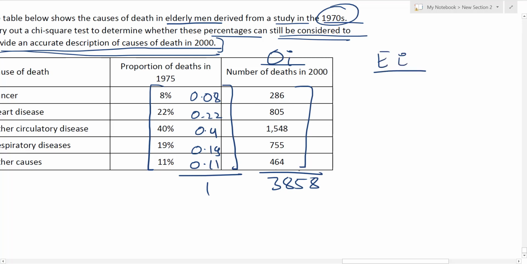How will I calculate the expected values? Out of 3858, they are expected to be distributed with these probabilities if they follow the level of the 1970s. That is what we have to check.